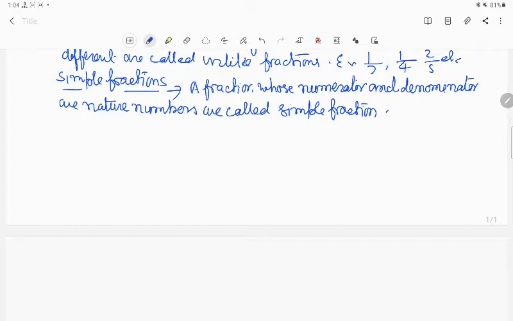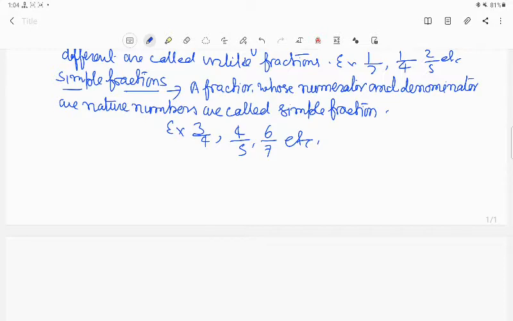It means denominator and numerator are positive. Example: 3 by 4, 4 by 5, 6 by 7, all are positive. It means they are natural numbers, so that is the simple fraction.